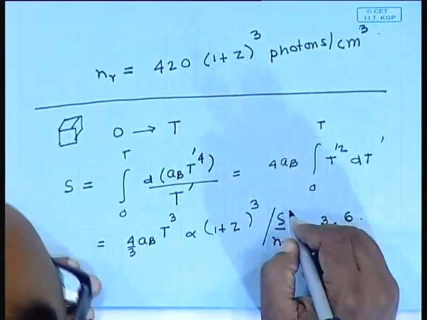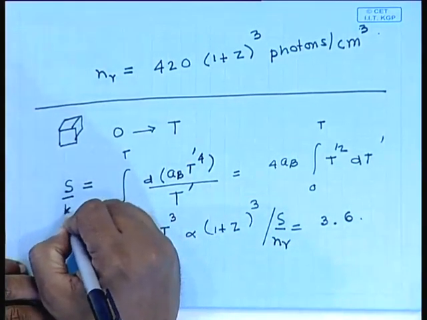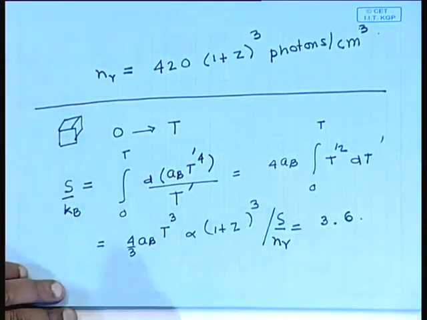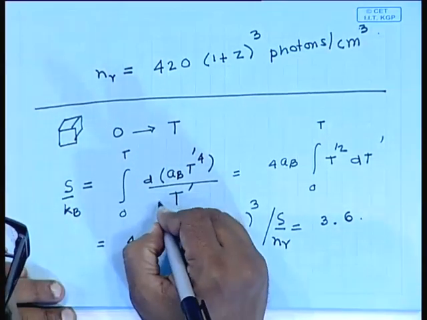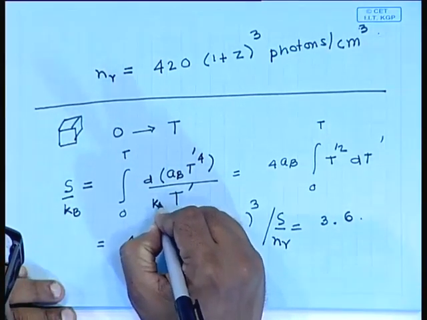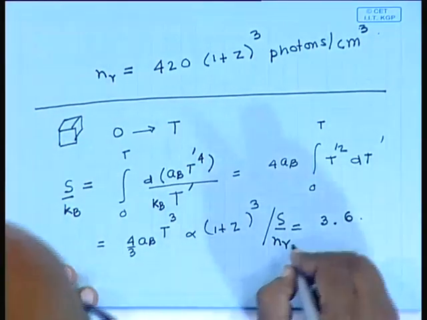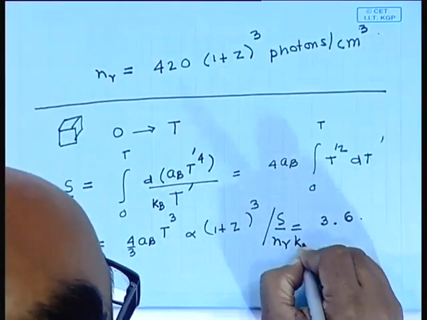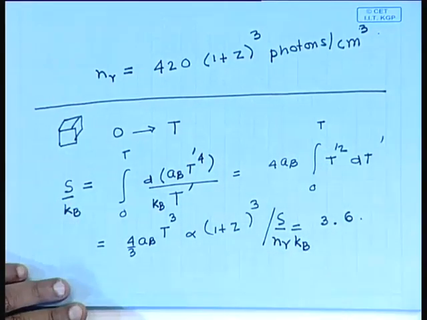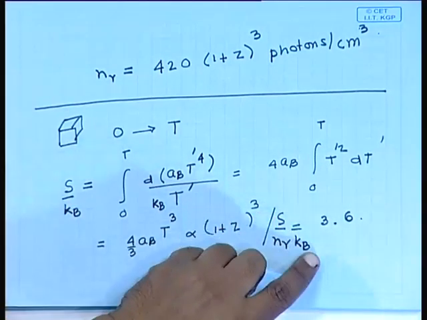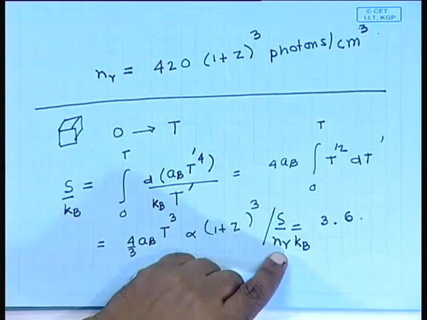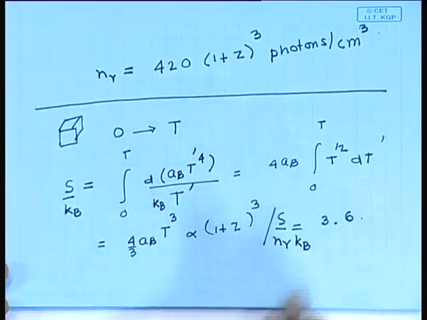S by kB has the same dimension as the number density, so I can divide by kB. So, the quantity that I have written here is actually the entropy divided by Boltzmann constant, and the number density of photons.